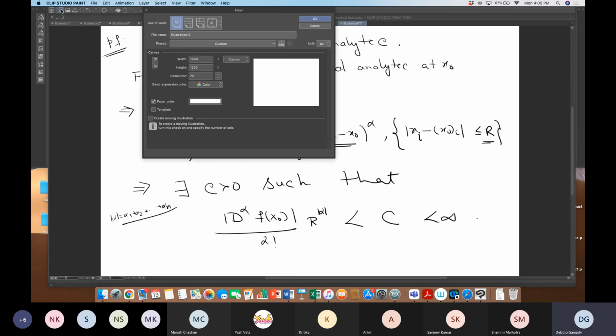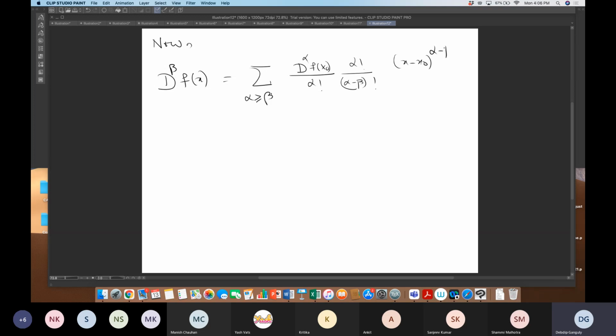Okay. Now d beta f of x. What is this? We already know this: the sum over alpha greater than or equal to beta of d alpha f at x naught by alpha minus beta factorial, times (x minus x naught) to the power alpha minus beta.